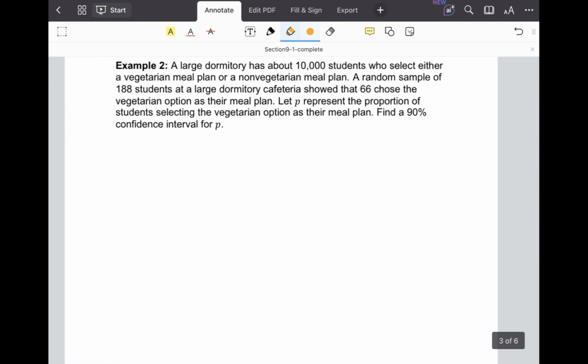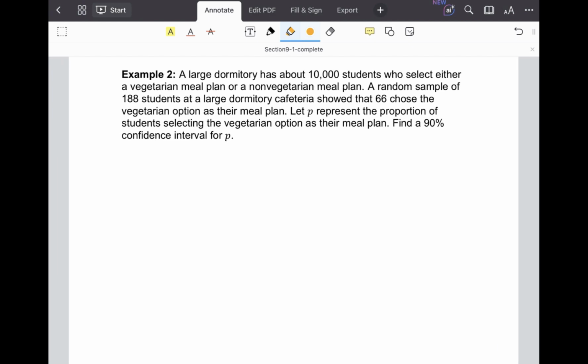Okay, so let's go through this example, to give you an idea of how I want you to solve these types of problems. This one says a large dormitory has 10,000 students who select either a vegetarian meal or a non-vegetarian meal.